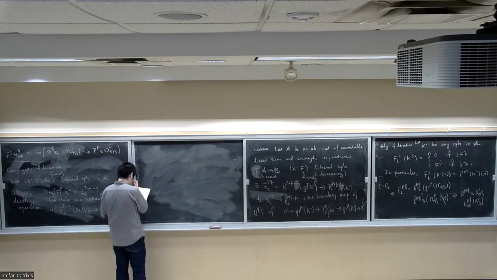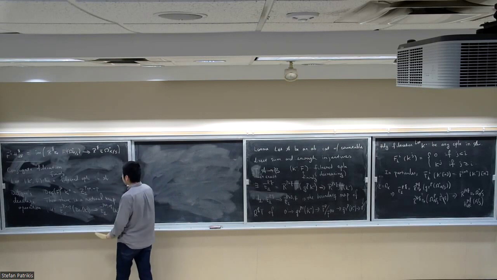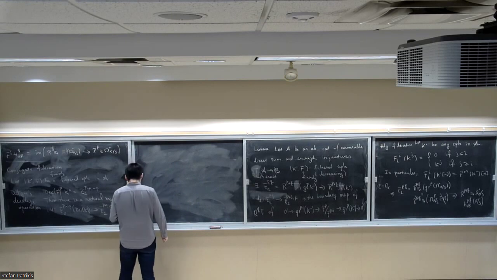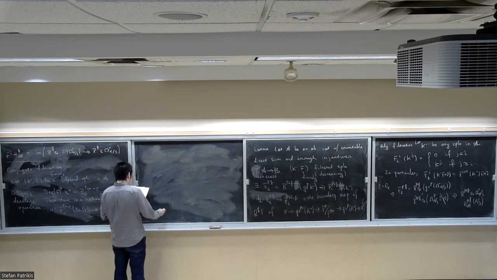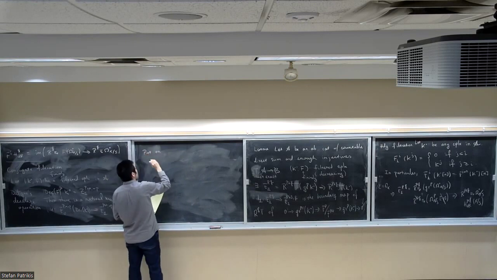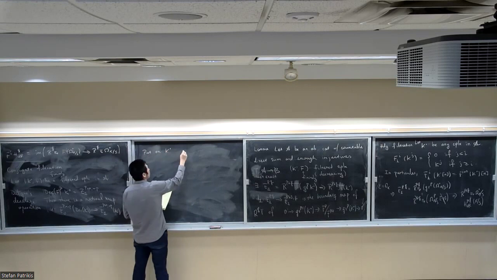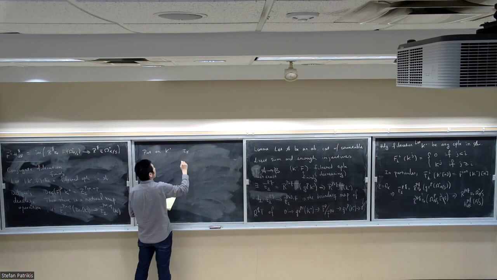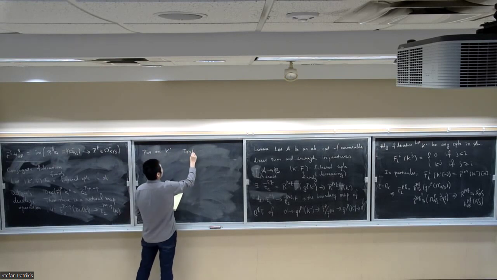Okay, so I just wanted to mention that there is this operation, and now we put on K some filtration. Okay, what's the name of this? Probably this should be called truncation.